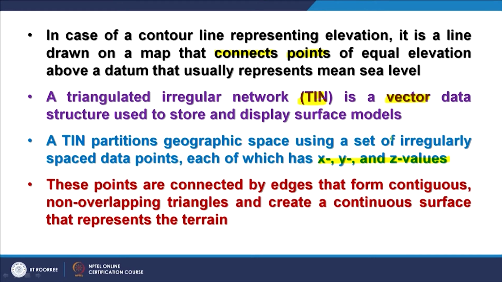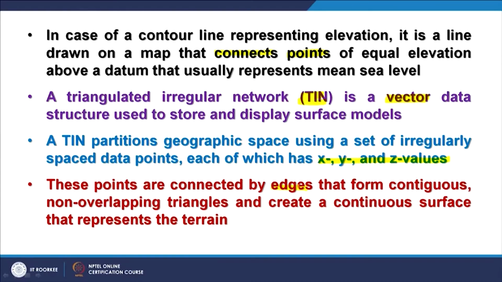Now these points can be used for generating a digital elevation model, a typical raster surface, or the same points can also be used to generate a TIN. So when we see the demonstration, at that time we will see these two ways of generating digital elevation models using the same points.